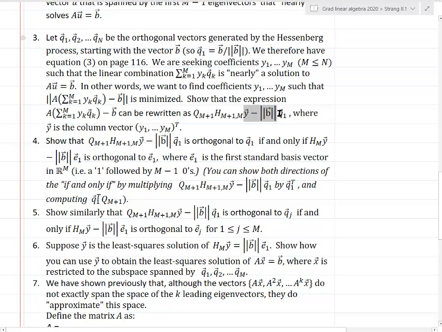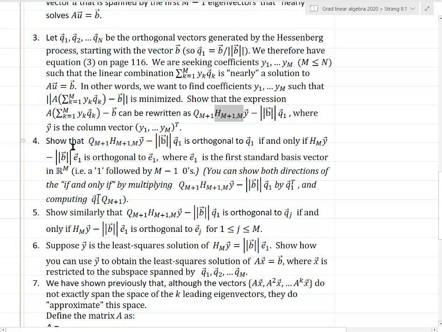And then you write this minus norm of b times q1. So I want to show that this expression is equal to this expression, which simplifies things and puts things in terms of the Q matrices. And this vector y is a column vector with m components. So I take the coefficients y and I form them into a column vector.